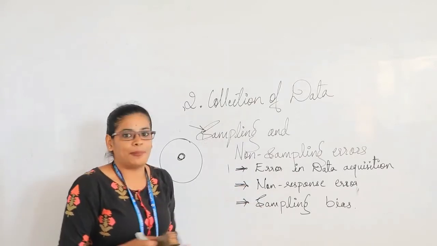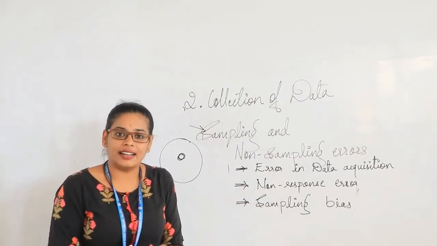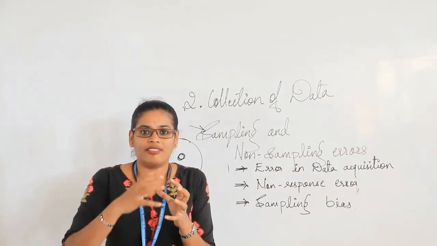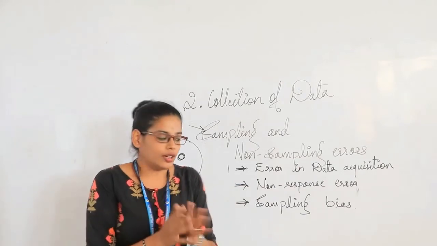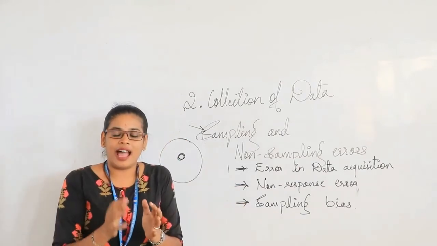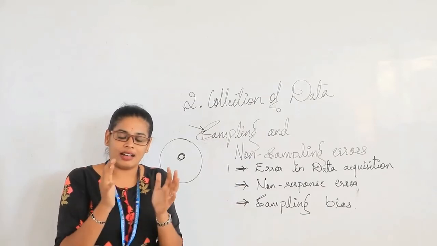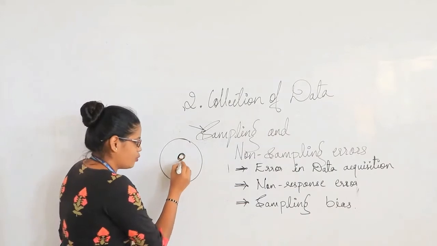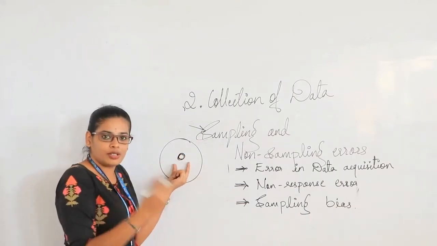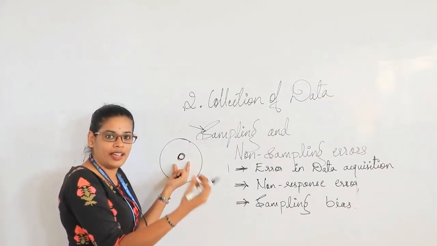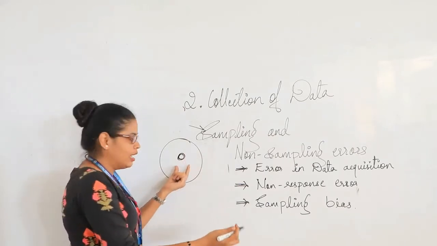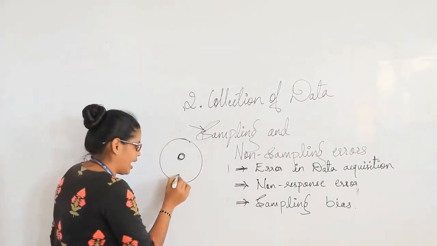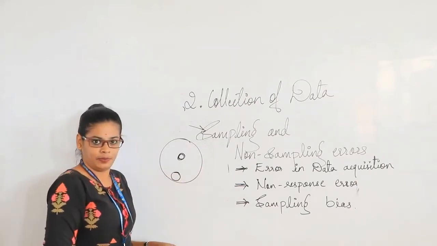And what is this sampling bias? When you have considered a sample, I have told you there will be an influence, right? So if a person has been chosen as a sample, for example, this was the sample which should have been taken by the interviewer, but for his own benefit he has taken this other sample.